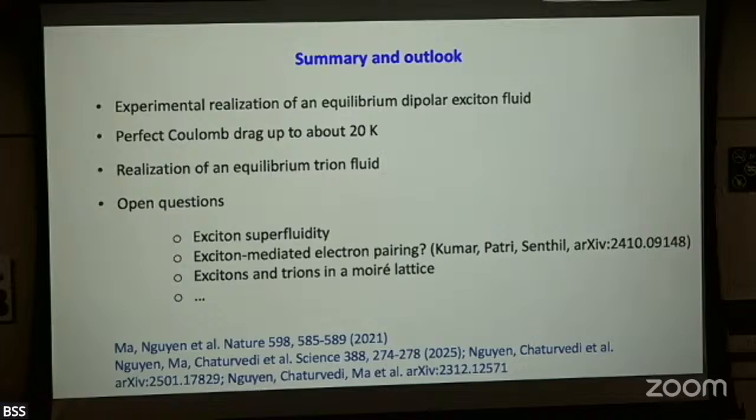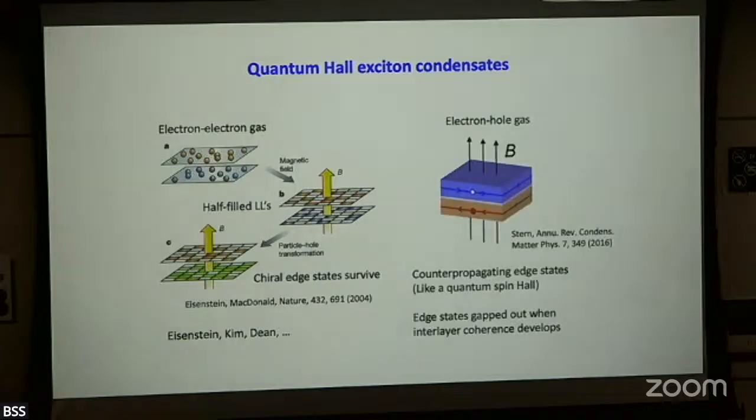And one other thing I want to mention. I'm not going to show you some experimental results, but this is also another question. This is what people study in the quantum Hall regime, exciton condensate. You have electrons or holes, usually, let's say, electrons in both layers, right?